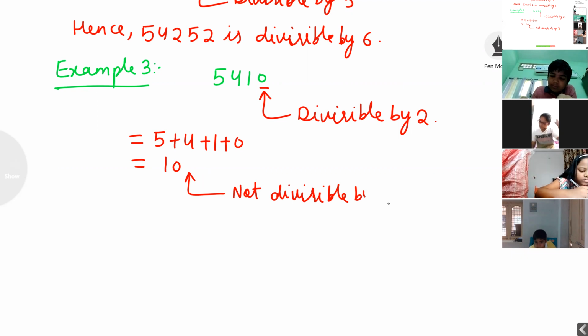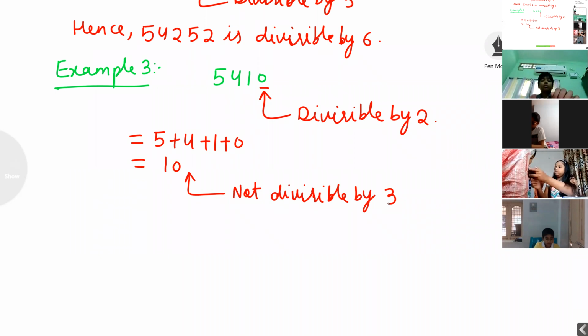If this number is not divisible by 3, then I can say 5,410 is not divisible by 6, because only one condition is satisfied. The second condition is not satisfied.